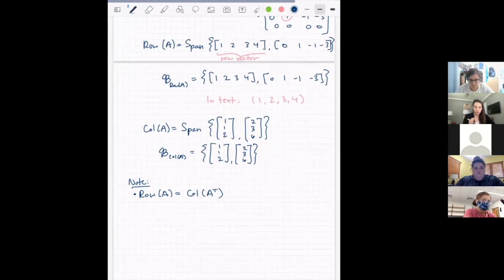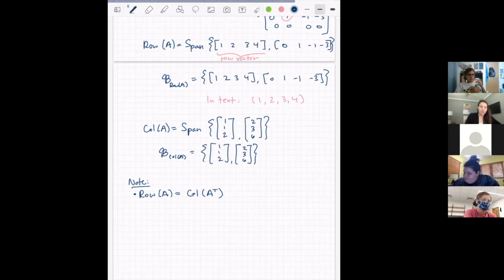So all of the rows of A become the columns of A transpose. So the row space of A is the column space of A transpose, right?